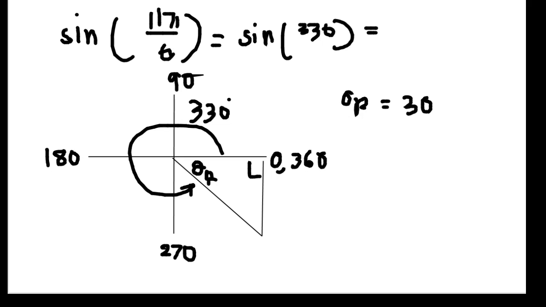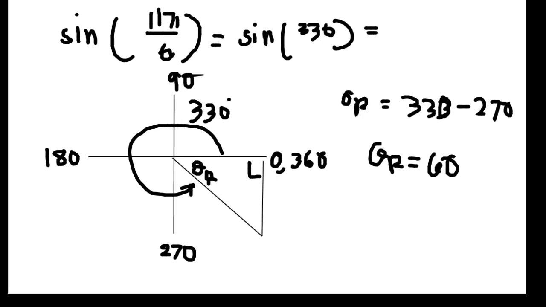To find it, we're going to subtract 270 from 330 degrees. Minus 270. Actually, 330, not 333. So ang reference angle natin is, what? 330 minus 270. It's 60 degrees. So sa pamamagitan ng reference angle, we can just use the trigonometric ratio of sine.